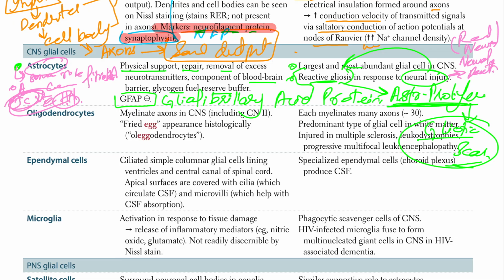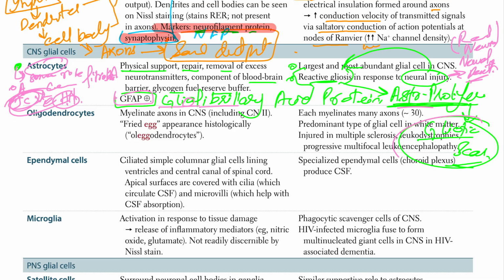Okay. Neuronal death, red neuron, gliotic scar, astrocyte proliferation, GFAP positive, glial fibrillary acidic protein.